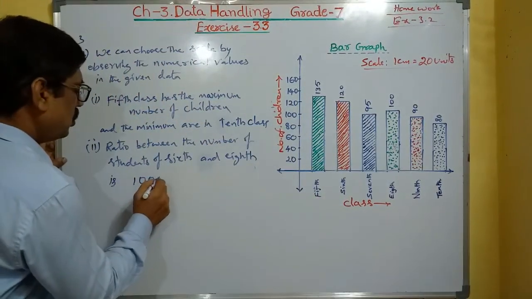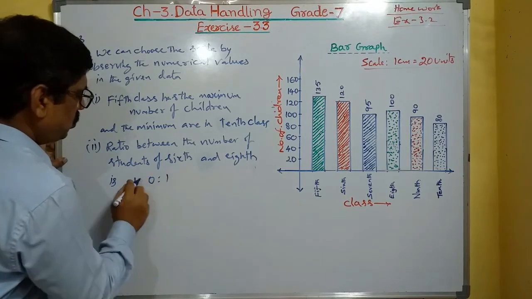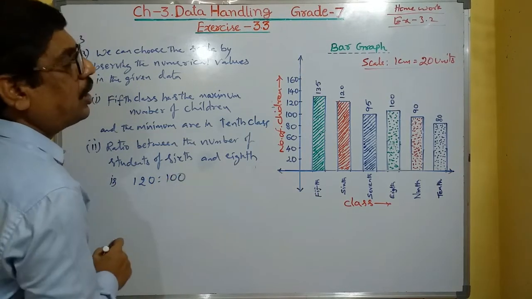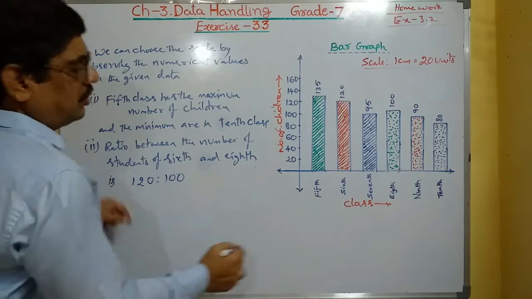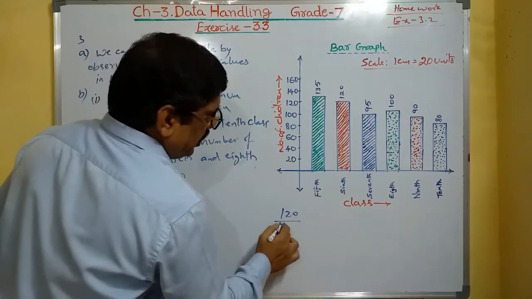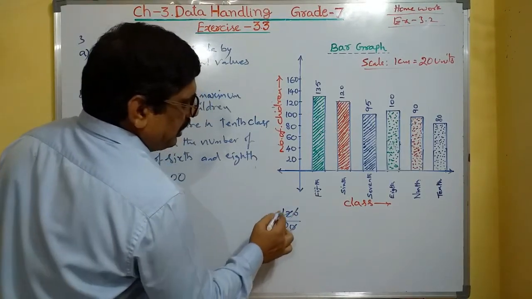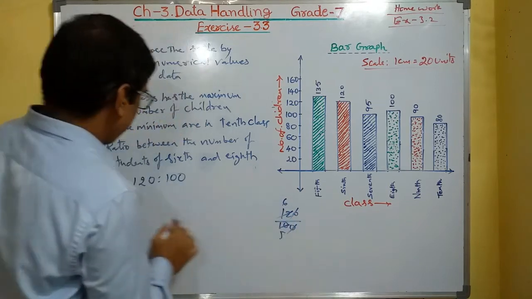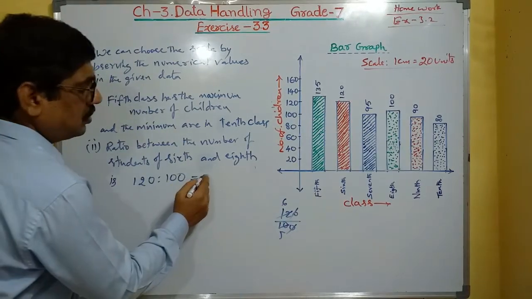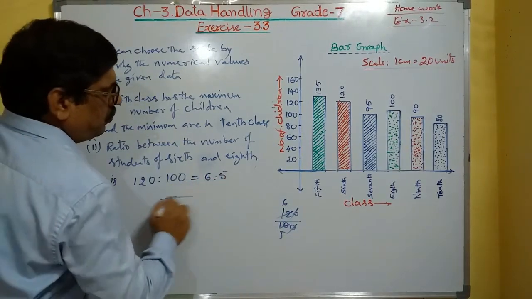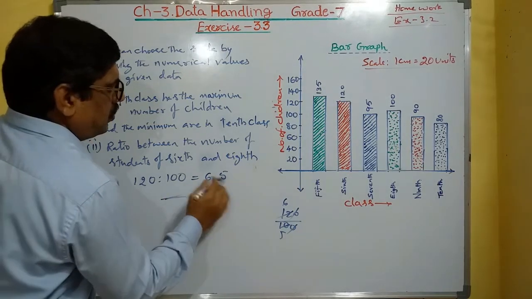So 120 is to 100. Okay, we can cancel the 0. 2 sixes are 12, 2 fives are 10. So the ratio is 6:5. Okay, did you understand?